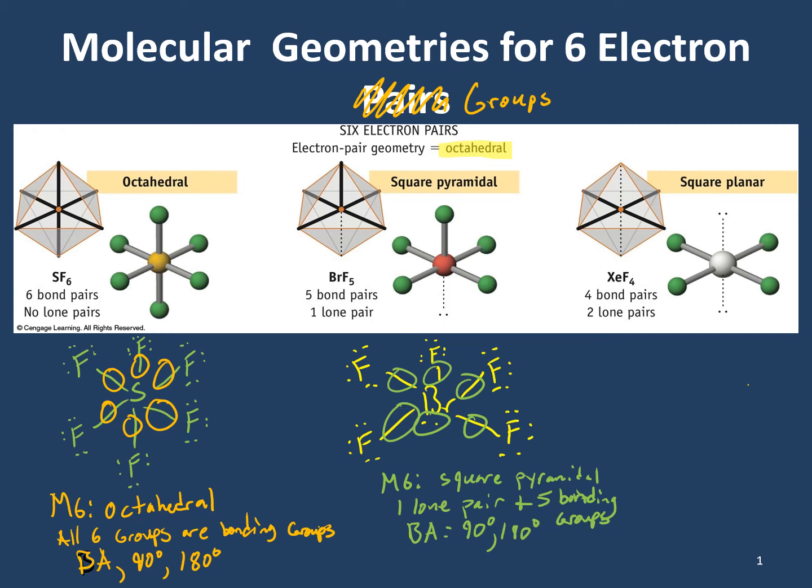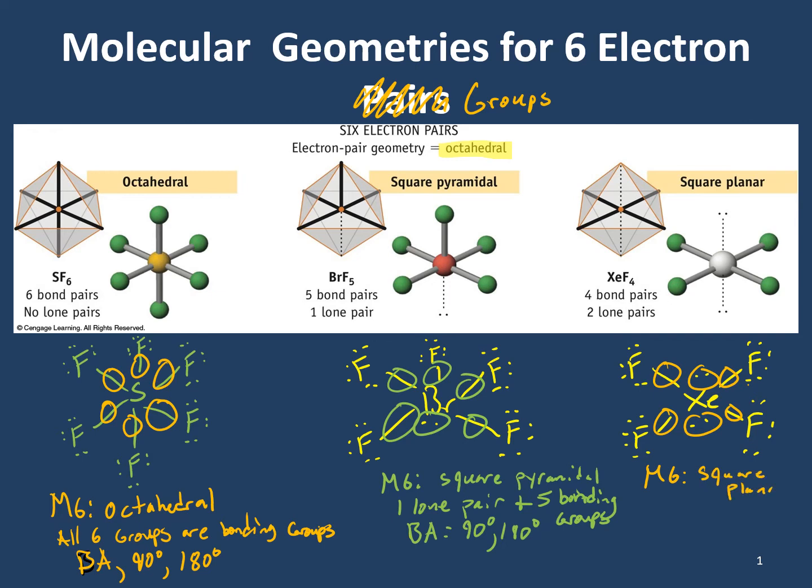Okay, so let's do our last type of molecular geometry, which is square planar. If we have XeF4, for instance, it looks something like this. And we still have 6 groups total, right? So here we have our 1, 2, 3, 4, 5, 6 groups. 2 of them are lone pairs, and when that occurs, our molecular geometry is square planar.